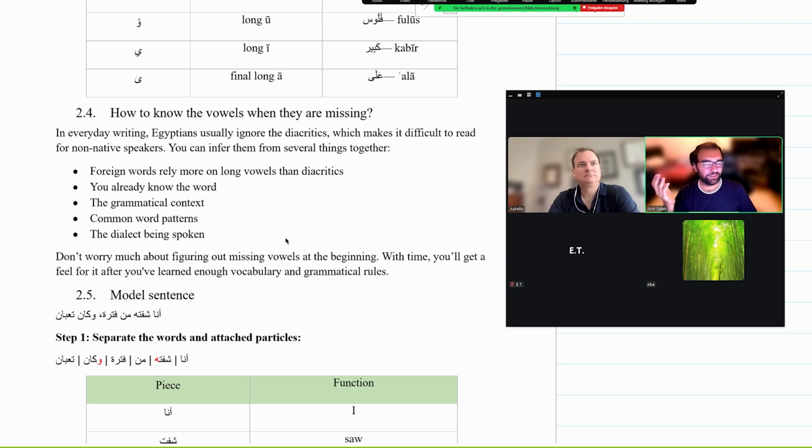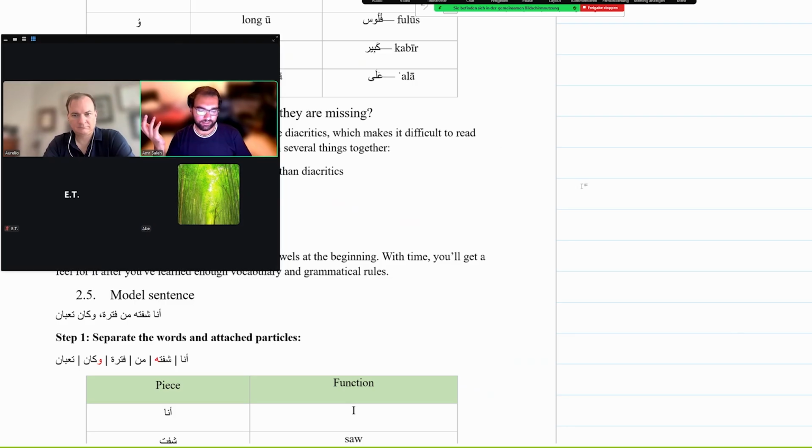They aren't rules because the problem is if I see a word, I just know how to pronounce it because I know it. A good example would be, sorry, you have so many vowels in your name, it's the perfect example. So if I want to write Aurelio, that would be a foreign name.